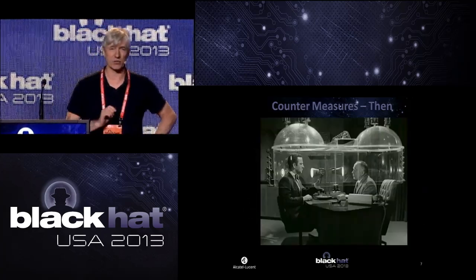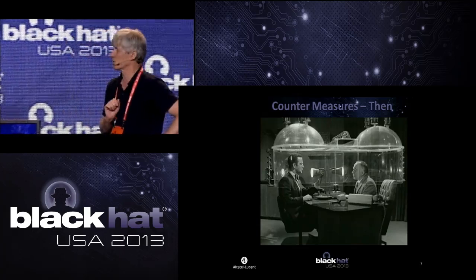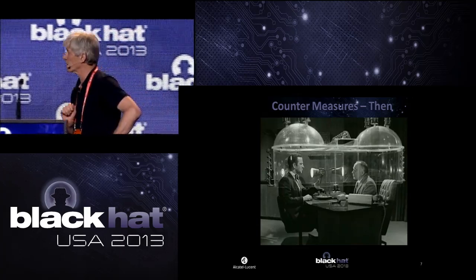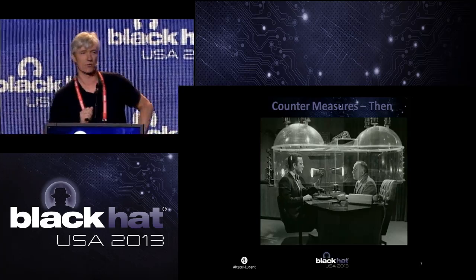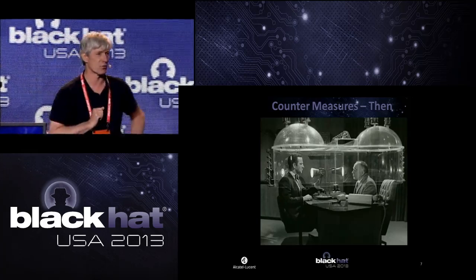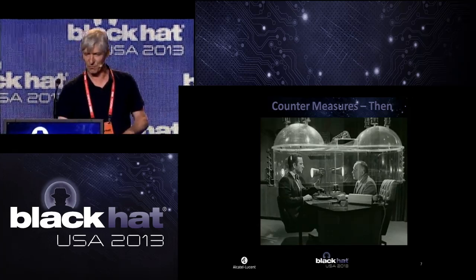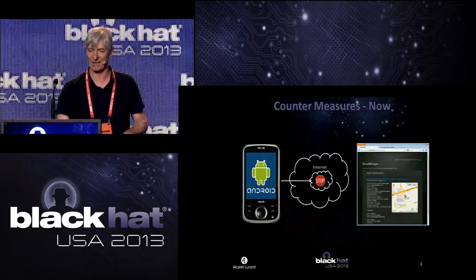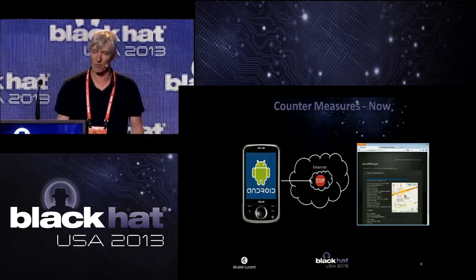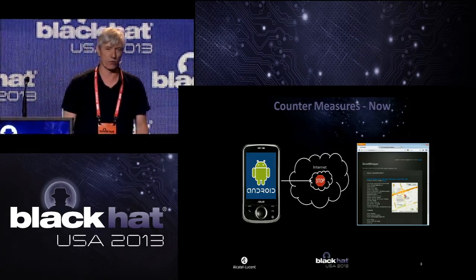Now, countermeasures. This was the countermeasure in the old days, the cone of silence. If someone was spying on you, you could always go into the cone of silence and things would be quite safe. Countermeasures today can be a little bit different. And that's where the company I work for comes in.